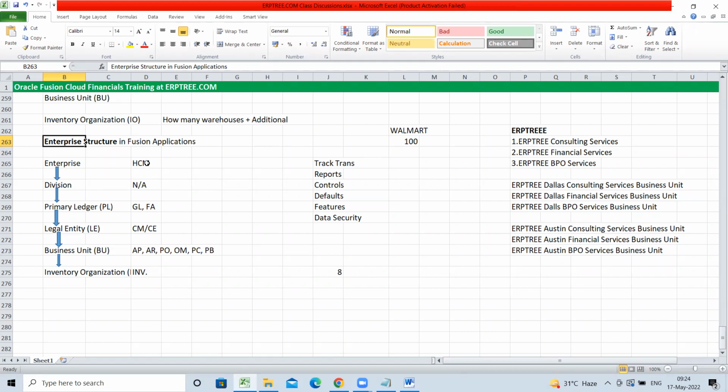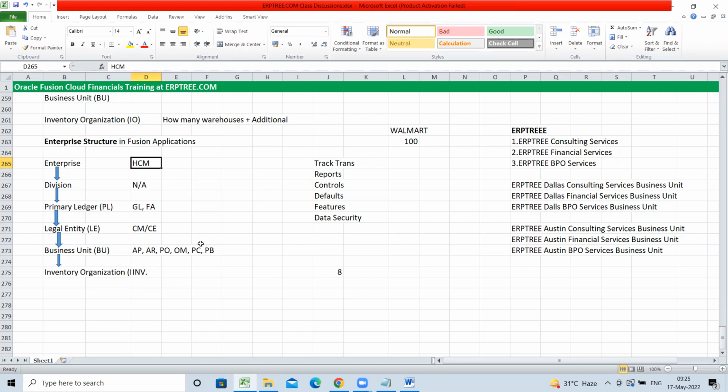Okay. And then AP and FA can be related, as in AP converting to FA? Yeah, that is a possibility also. From AP, data goes to FA. It's completely the business process. When you deal with an asset, you are creating an asset, and that information goes from here to here.